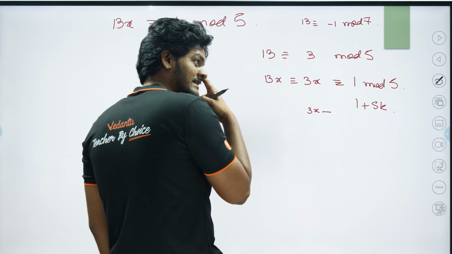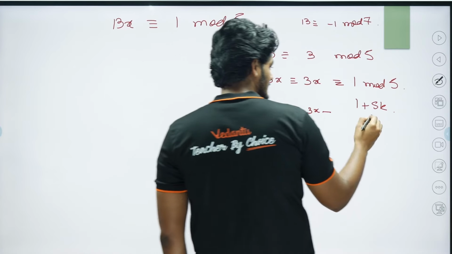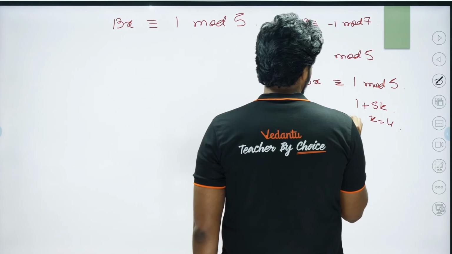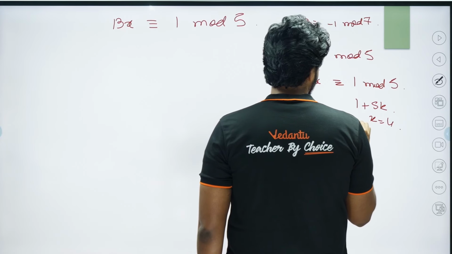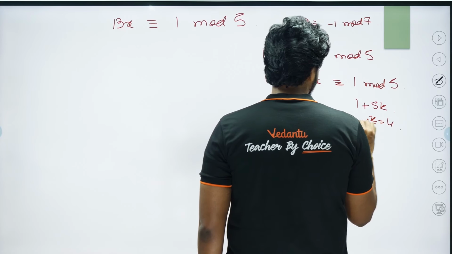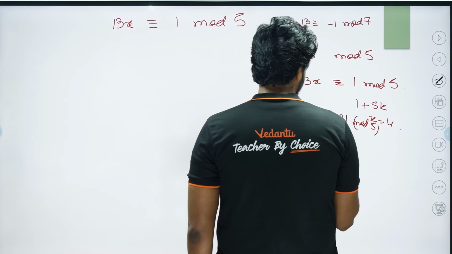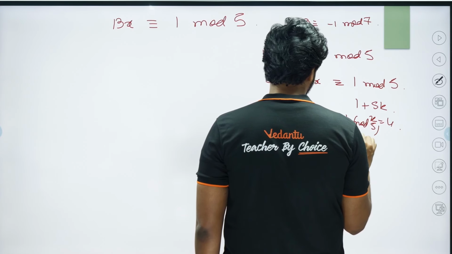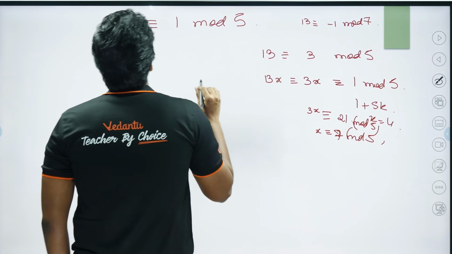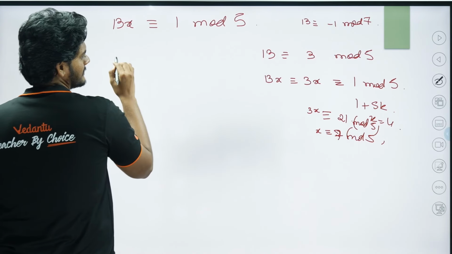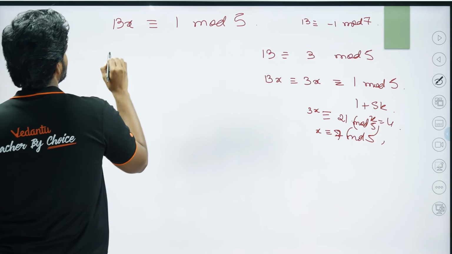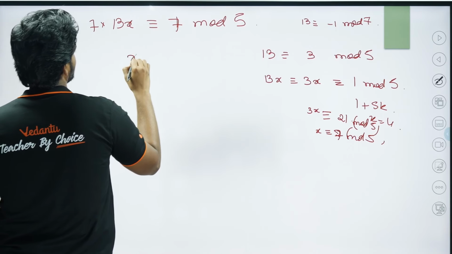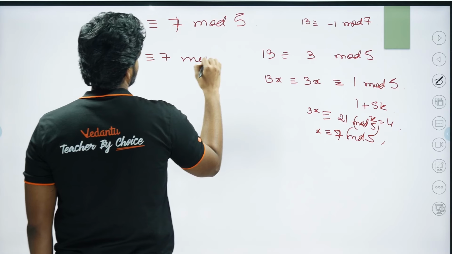So if I take k to be 4, 20 plus 1 will work. It's congruent to 21 mod 5. So x is congruent to 7 mod 5. So I have to multiply 7. So x is again congruent to 7 mod 5.